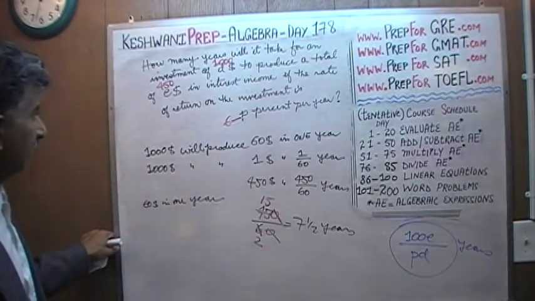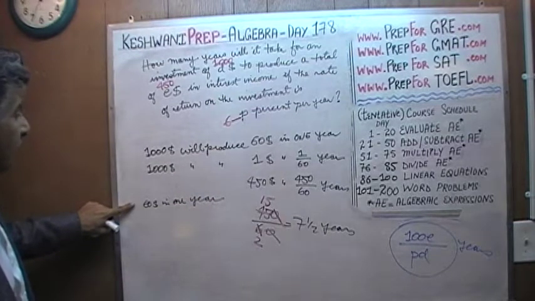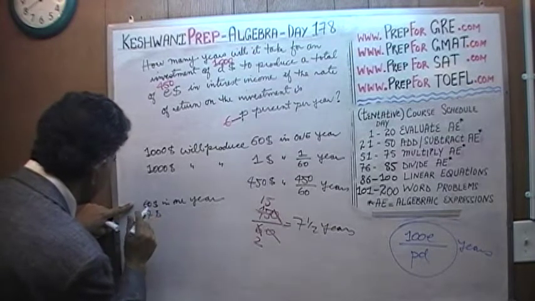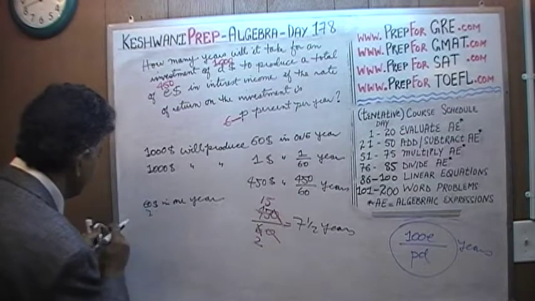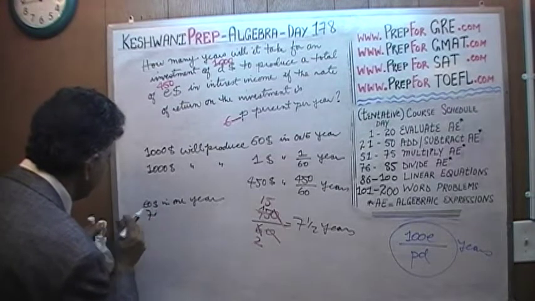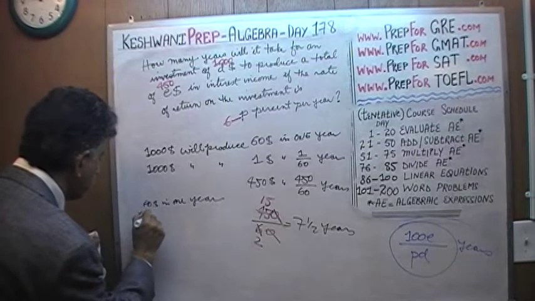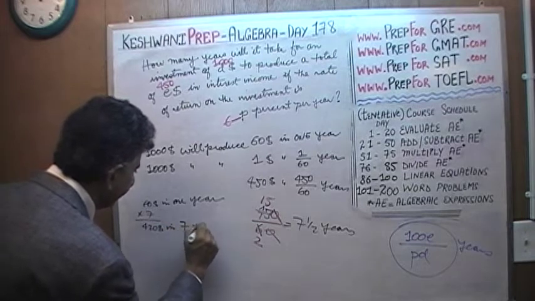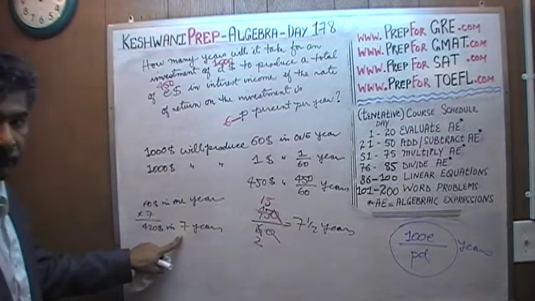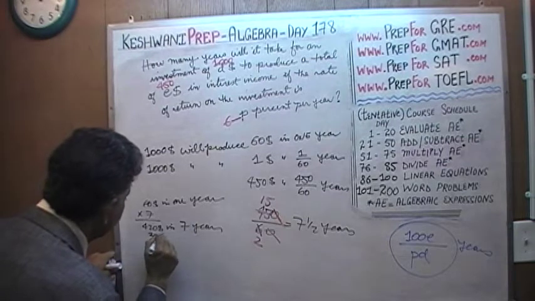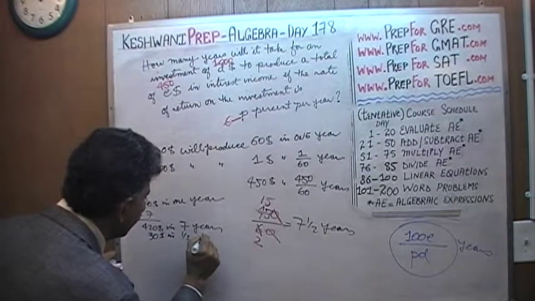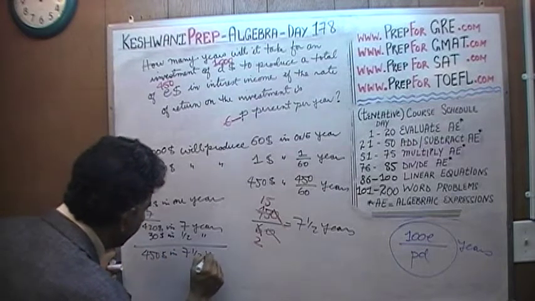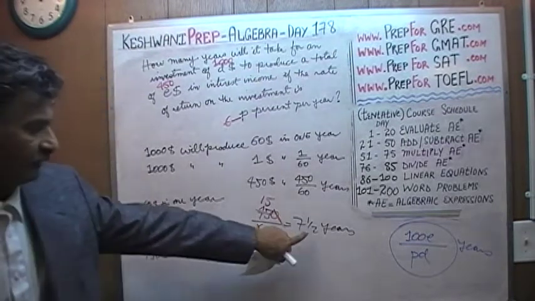That tells us that if you were to multiply 60 times 7, which is $420 in 7 years, and another $30 in the other half a year, therefore, we earn $450 in 7.5 years. So that is the answer, 7.5 years.